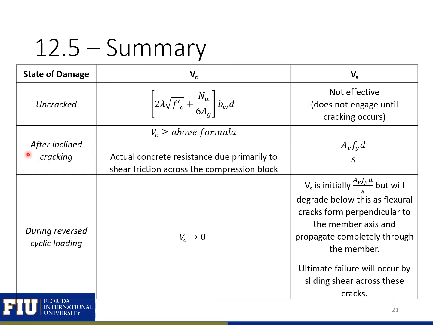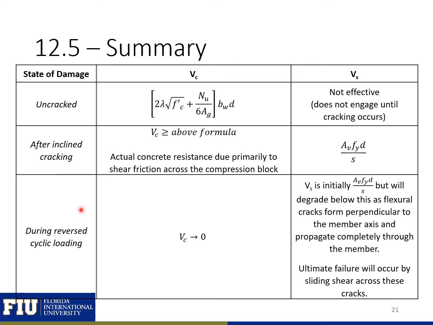After we have inclined cracking, our V sub C is going to be above the value that we calculate using ACI 318, and our V sub S is going to be engaged. So we can find our V sub S using the expression here from ACI. And the actual concrete resistance is due primarily to the shear friction across the compression block.